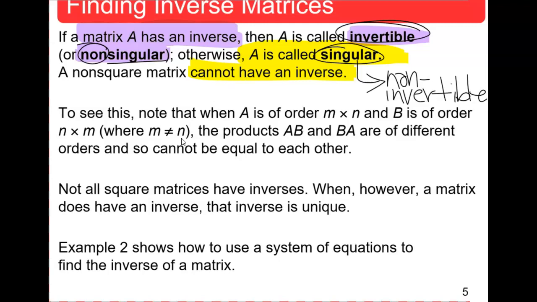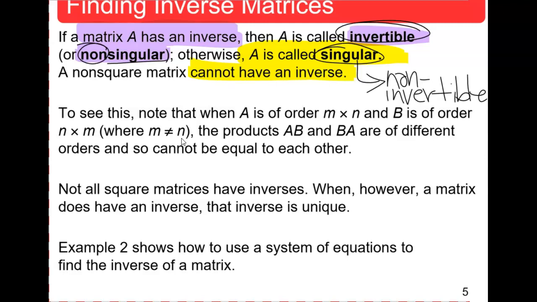Okay, so think of this: if it's singular, it does not have a multiplicative inverse. It doesn't have a single matrix whose product will give you the identity matrix.